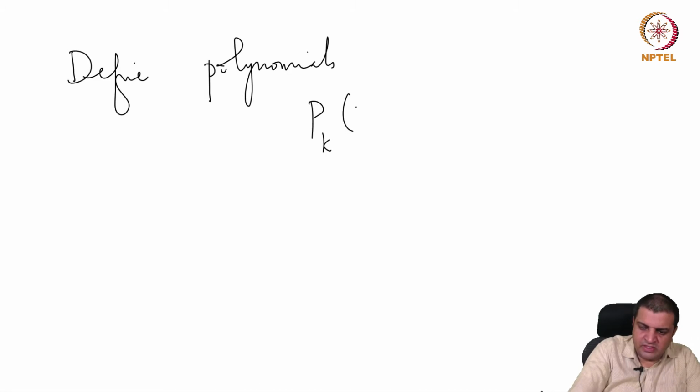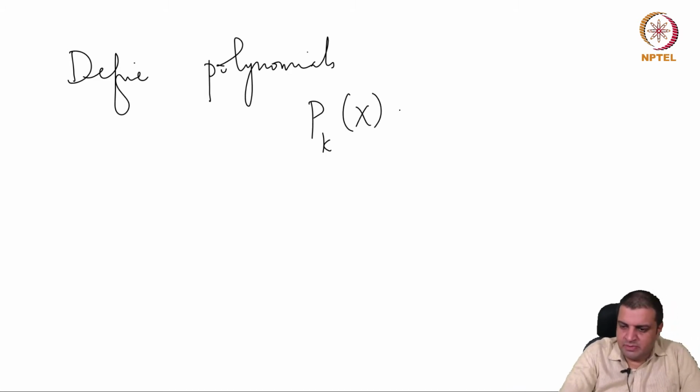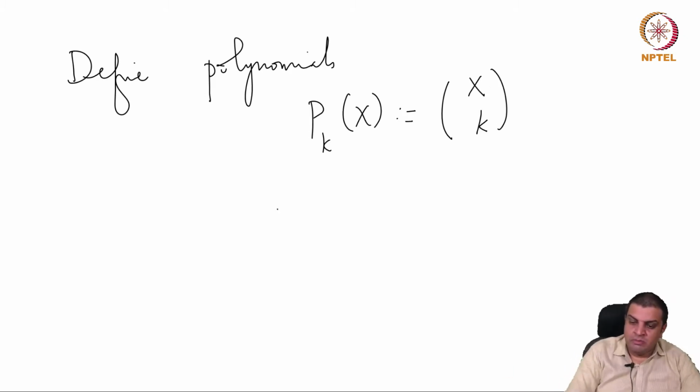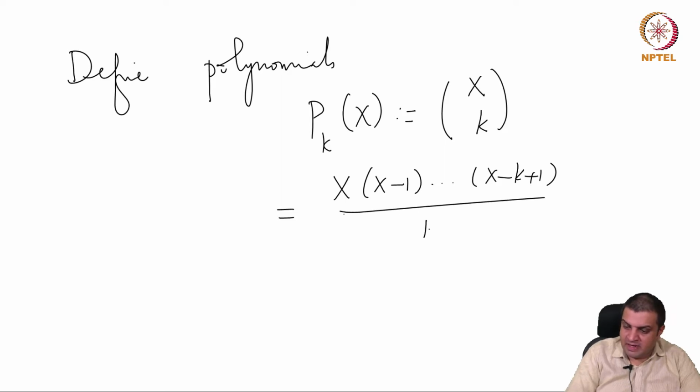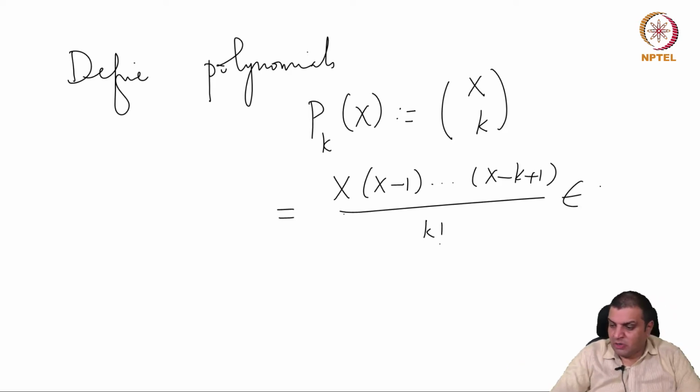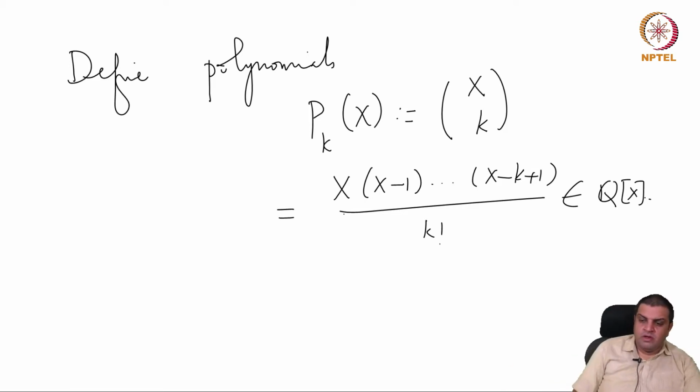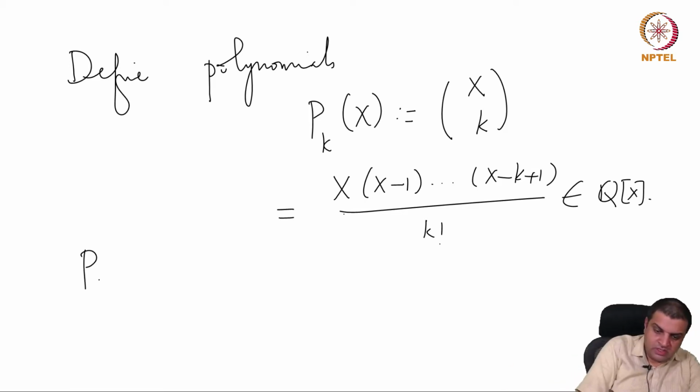P_k of x, where x is a variable, is formally the binomial coefficient x choose k, but if you write it out, what is it? x times (x minus 1) up to (x minus k plus 1) over k factorial, and this is a polynomial with rational coefficients. We can take a quick look at what this is.